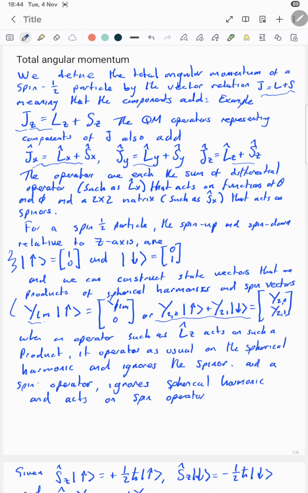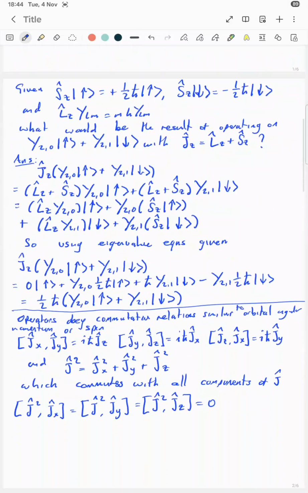When an operator such as Lz acts on such a product, it operates as usual on the spherical harmonic and ignores the spinor, and a spin operator ignores the spherical harmonic and acts upon the spinor.